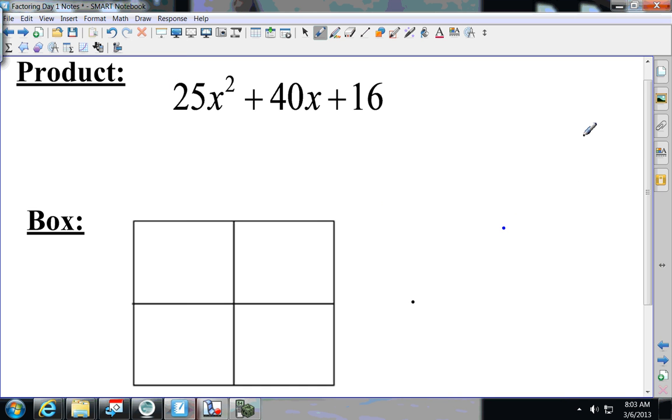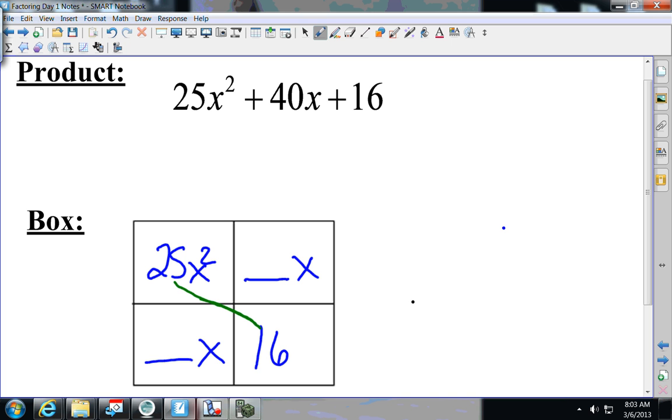There's no GCF. So I'm going to put 25x squared into the first box, 16 down here. I've got something x and something x. Well, you're supposed to multiply 25 and 16. Let's see, 25 times 16.